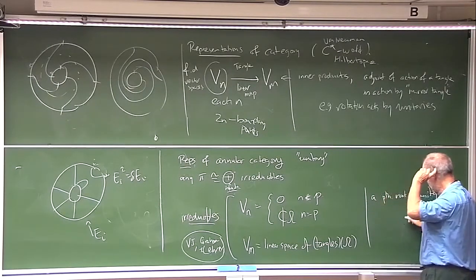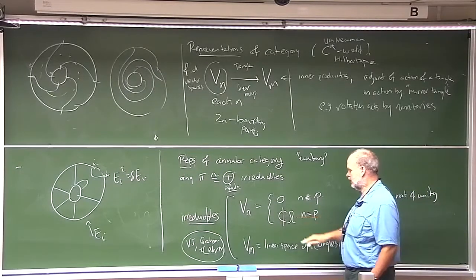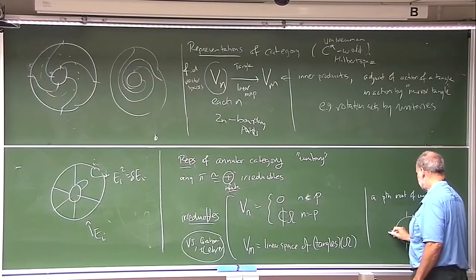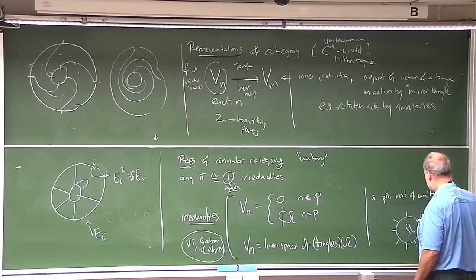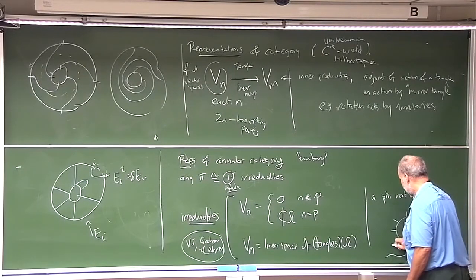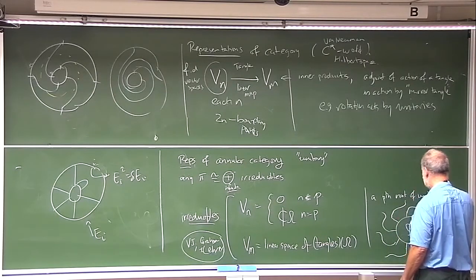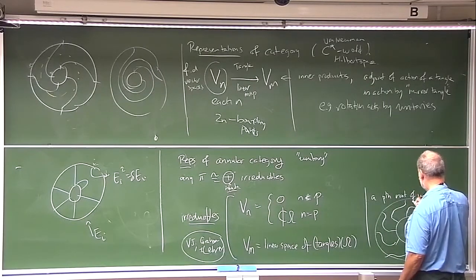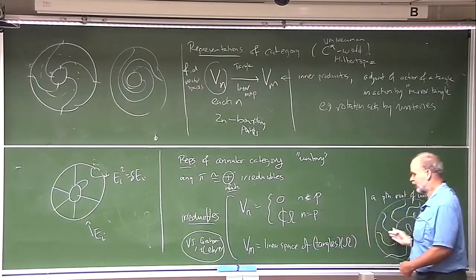And that's given by the following. Since this vector space V_p has dimension 1, if we take this omega and put it in here and then rotate by 1, then this has to be another vector in the space.